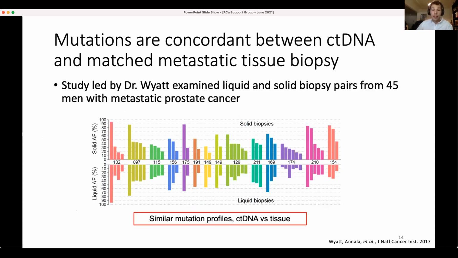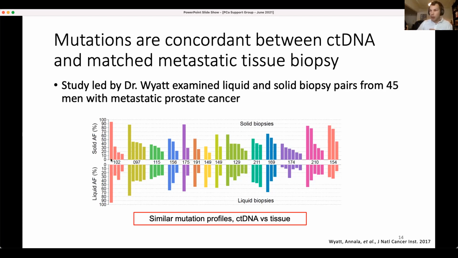One of the first studies that we did was to understand how well the circulating tumor DNA mutations actually reflect the tumor tissue itself. So my supervisor, Dr. Alexander Wyatt, led this seminal study where he compared the mutations that were picked up from the liquid biopsy, so ctDNA, and compared it to a metastatic tissue biopsy from the same patient.